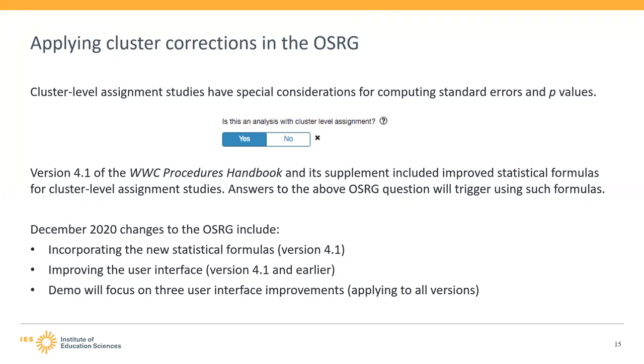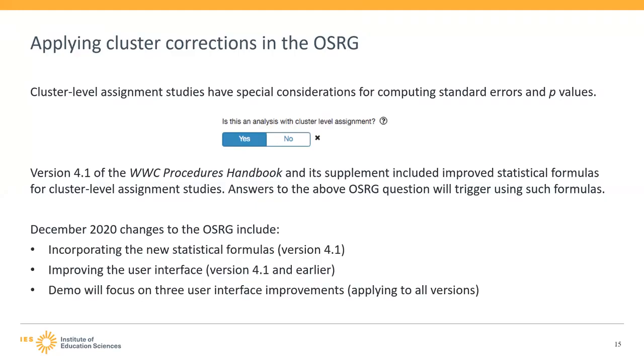Version 4.1 of the WWC Procedures Handbook and its supplement included several improved statistical formulas for these types of studies.